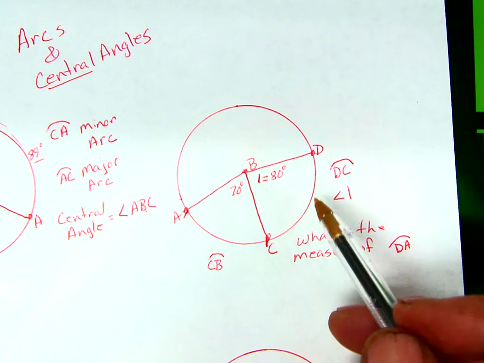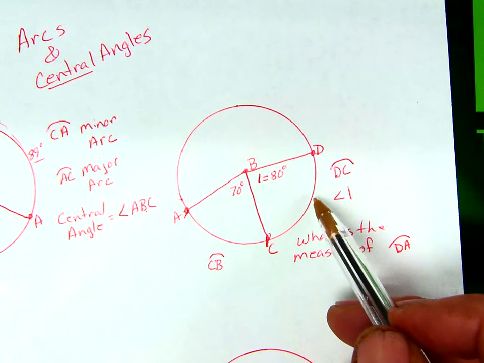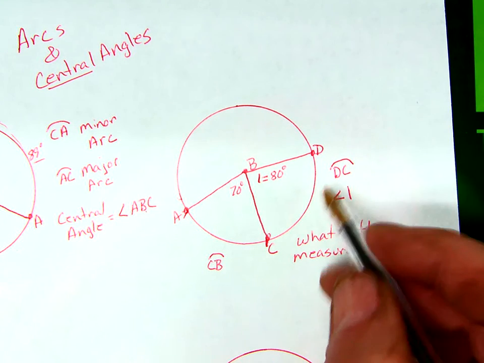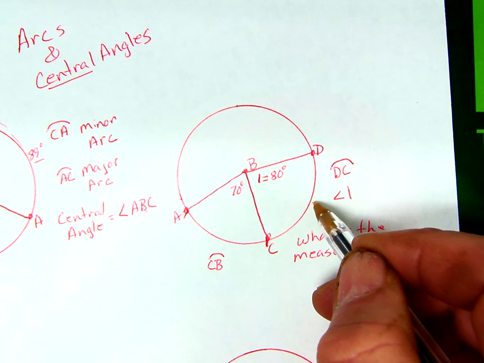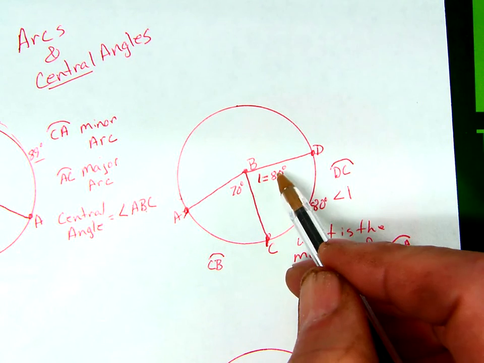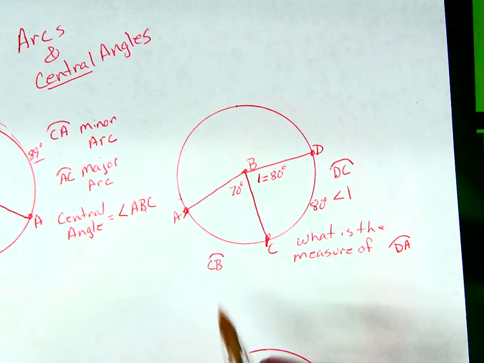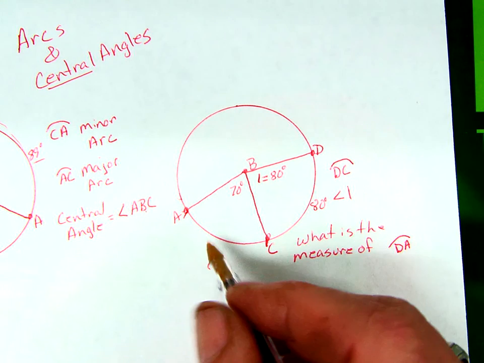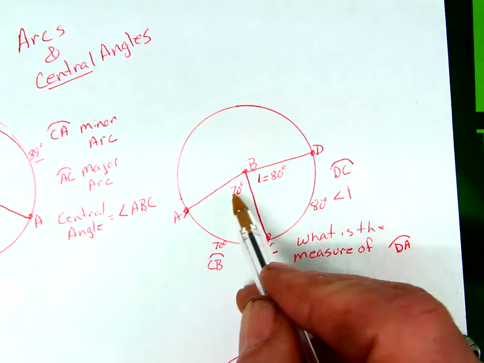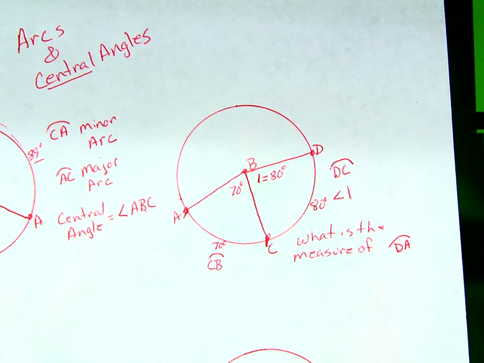Well, you get that by adding the measure of arc DC to the measure of arc CA. DC, that arc is also 80 degrees because that's how much its central angle is. Arc CA is 70 degrees because that's what the measure of its central angle is.